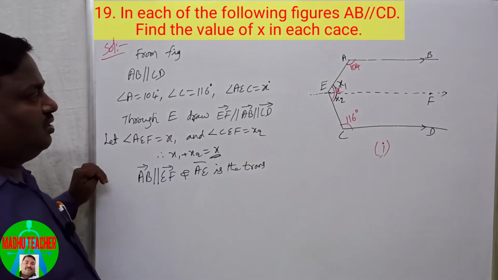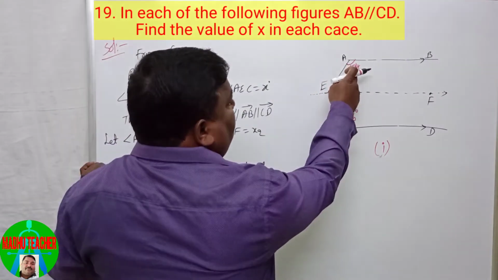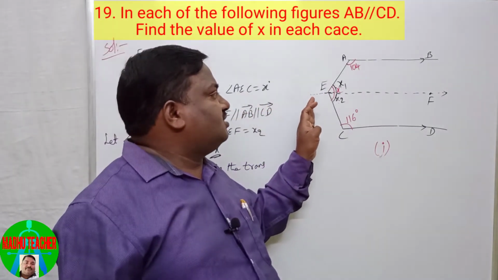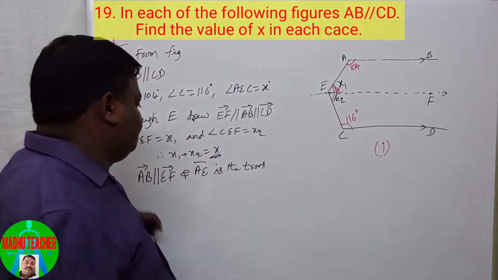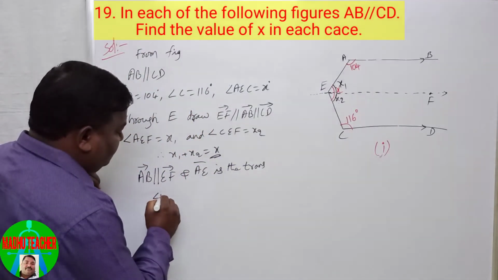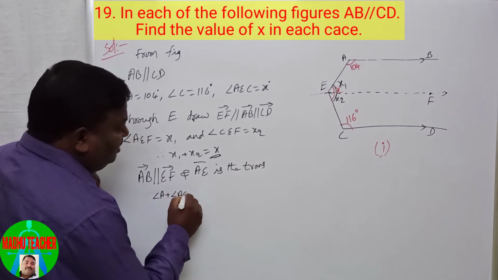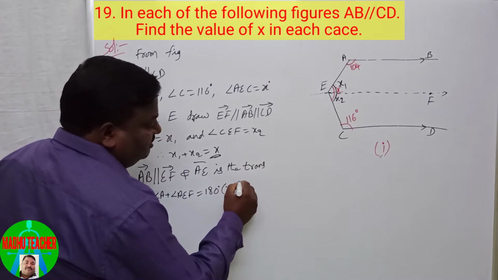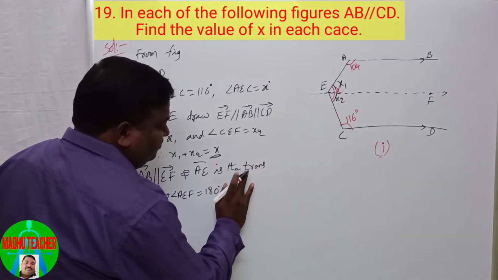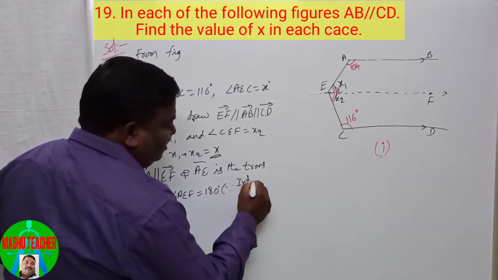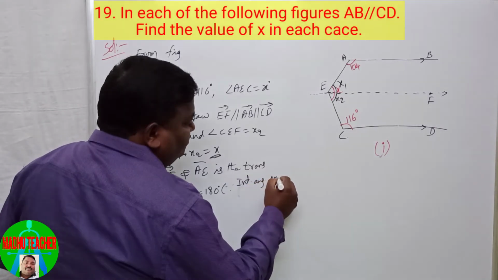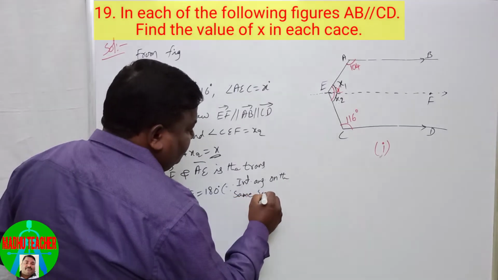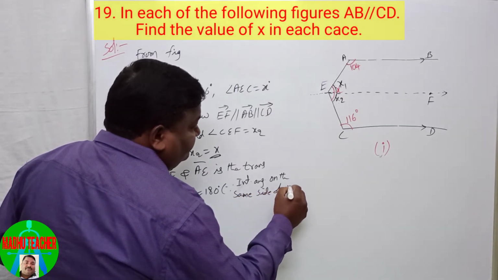Okay. So now, what about this 104 and x1? The two angles are interior angles on the same side of the transversal. Angle A plus angle AEF equal to 180 degrees, since they are interior angles on the same side of the transversal.